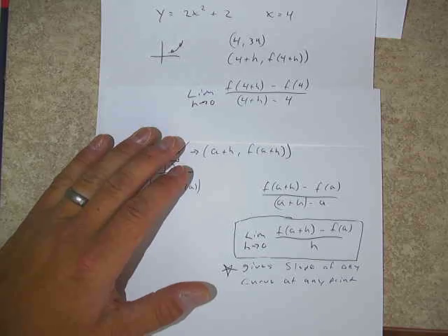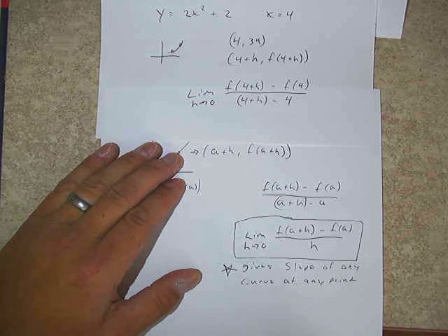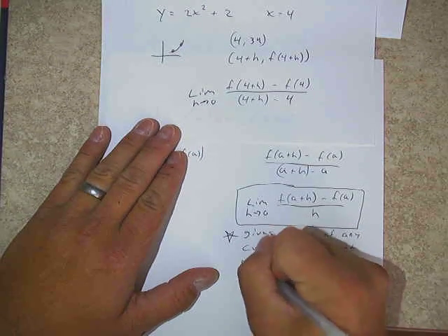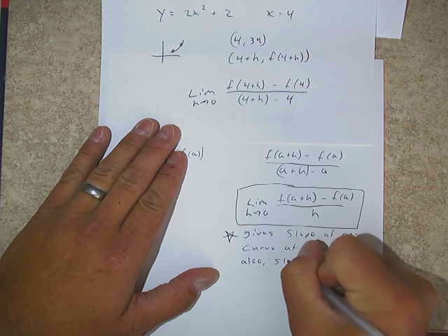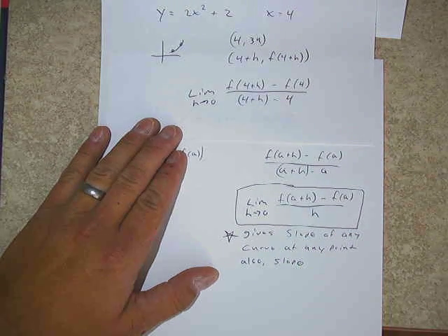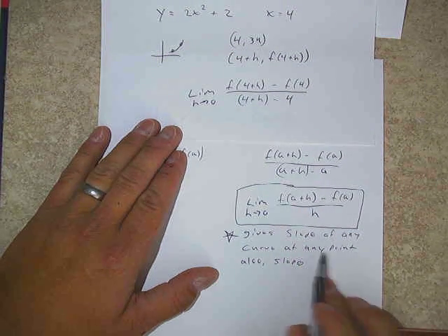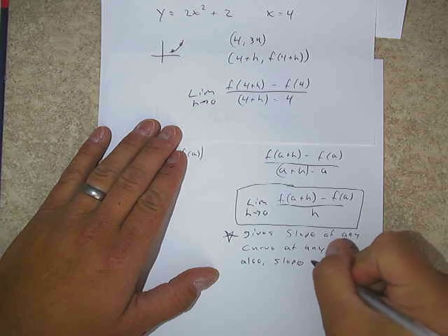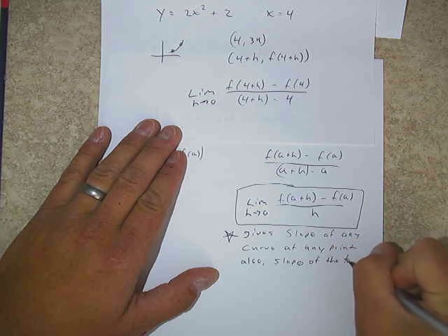Now, in practice then, how does that work? What are we going to do in practice to figure out the actual slope at this particular point? So let's go back up to our previous example, which was this one. We already have this set up.